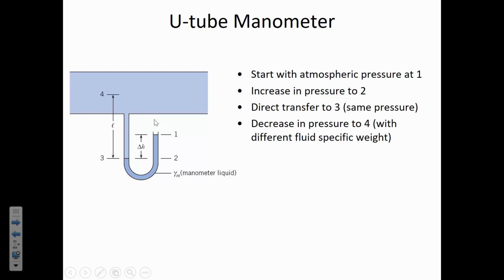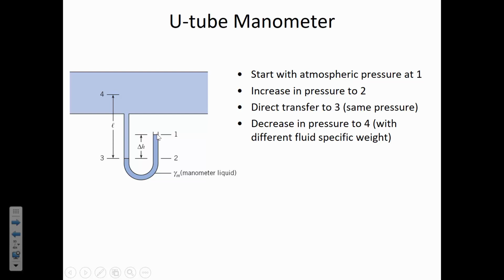That extra distance on the side is kind of implying that we have a free surface of the manometer liquid that's vented to the atmosphere. And so the pressure at 1, where the manometer liquid is in contact with the atmosphere, before we've gone down through the liquid at all, just right here at the surface, the pressure is 0 gauge. And so we're just going to do a counting from there.